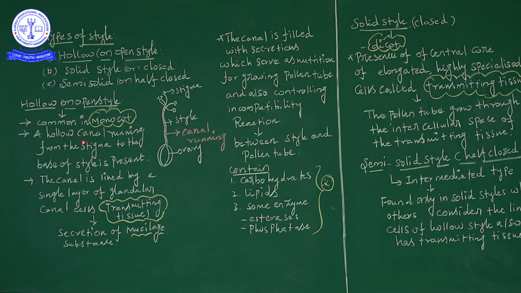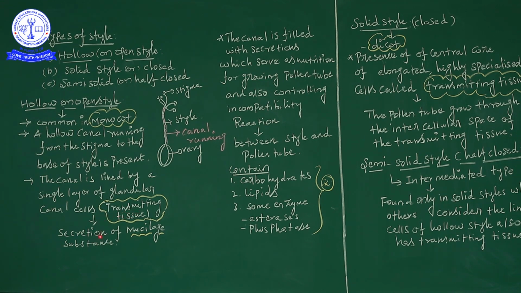A hollow canal running from the stigma to the base of the style is present. Okay, the hollow canal running from the stigma to the base of the style. And then the canal is lined by a single layer of glandular cells. Okay, that is called the transmitting tissue.